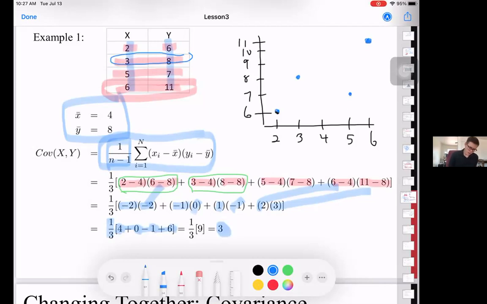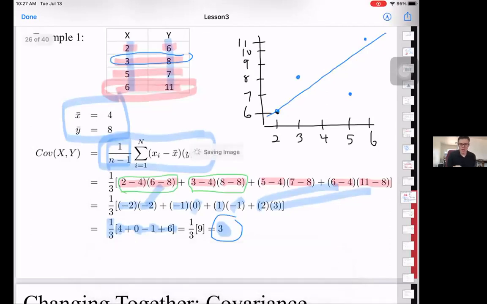So if I give you these points, you would tend to see that when there are high values of X, they correspond to high values of Y in the data. So that makes sense that we got a positive value for the covariance between X and Y. Because if you were to draw a line through these points, you would say, yeah, that's a mostly positive association. Okay, let me pause and take questions here.